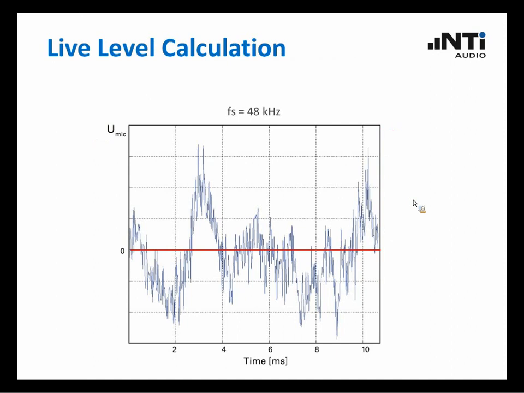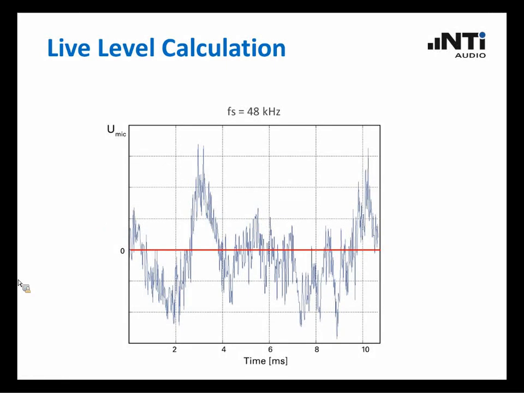How does it look in practice? We can see here the sampled input signal from a microphone capsule. Now we have a sampling rate of 48 kilohertz, which means that 48,000 samples per second are required. The first step, you remember, was to rectify the signal.